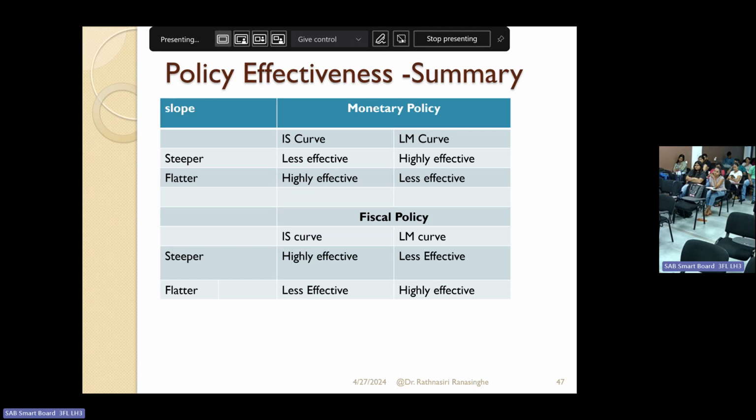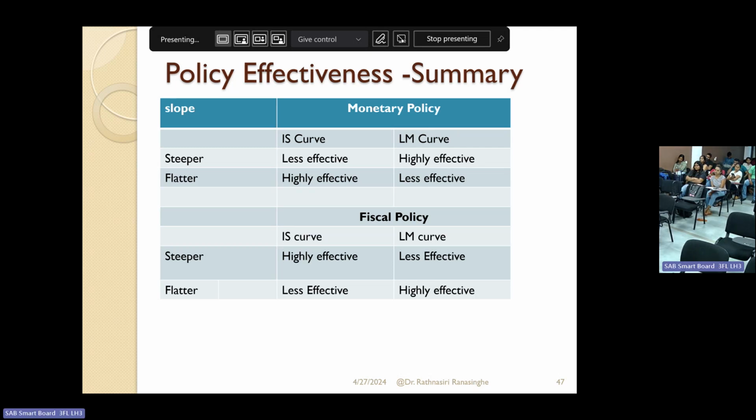So depending on that, you can see the steeper or flatter patterns, and that will affect the effectiveness of the monetary policy. When it comes to fiscal policy, a steeper IS curve is highly effective, and a flatter LM curve is highly effective. We can see it the opposite way.